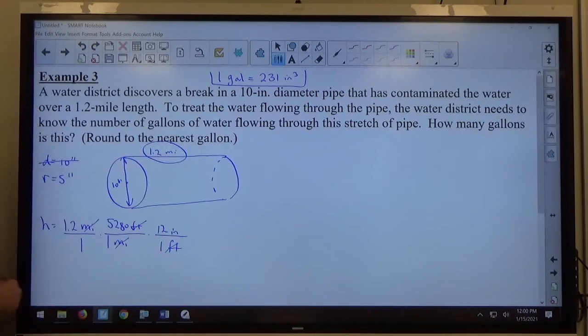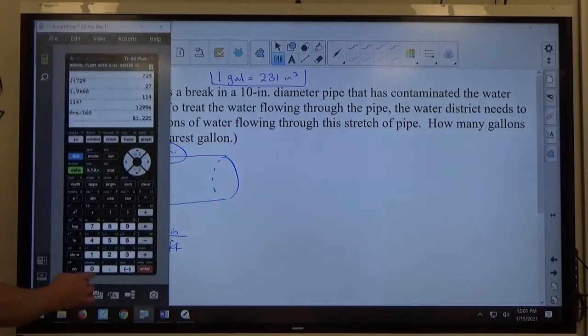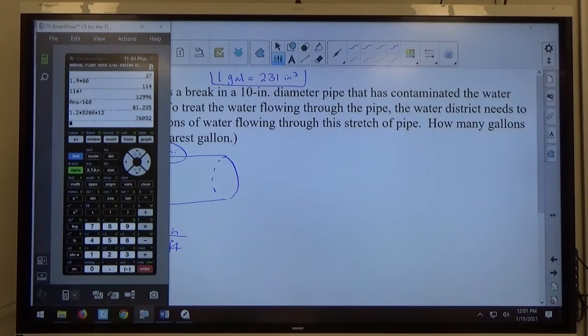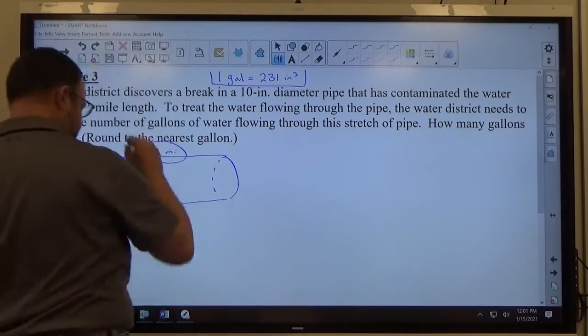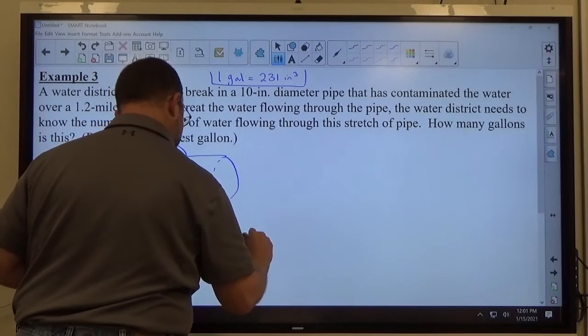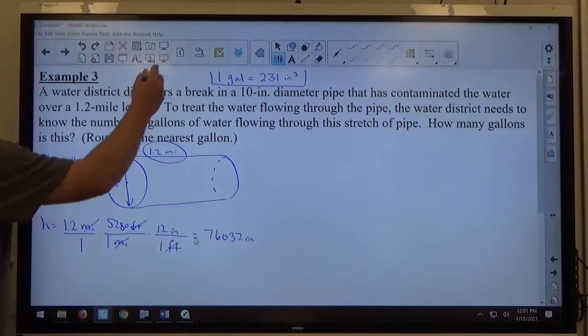Positioning every unit that I want to get rid of on the bottom, the one I want to change to on top, it positions everything on top inches. So 1.2 times 5280 times 12 gets me a total number of inches of 76,032 inches. That would be the height of the cylinder.